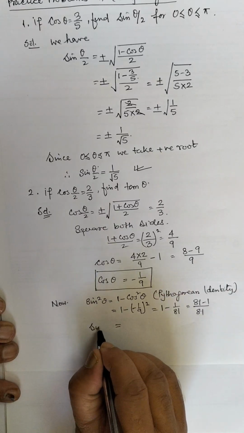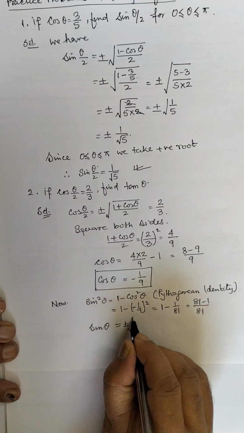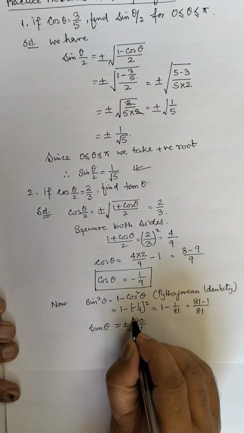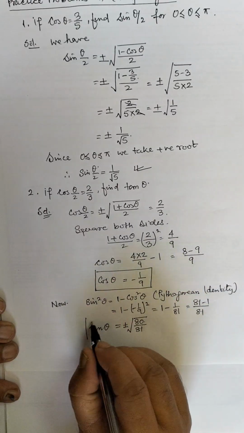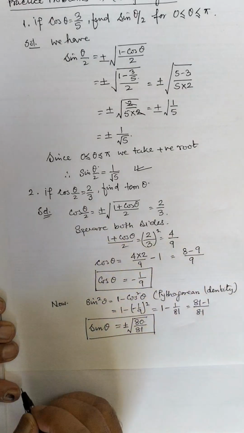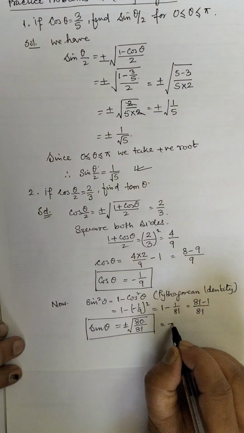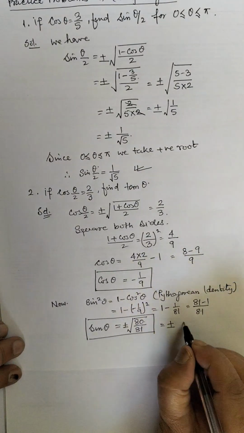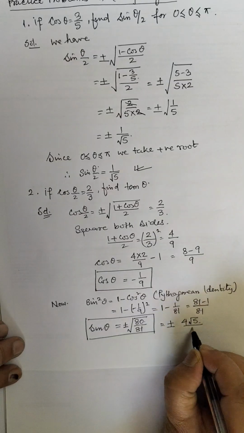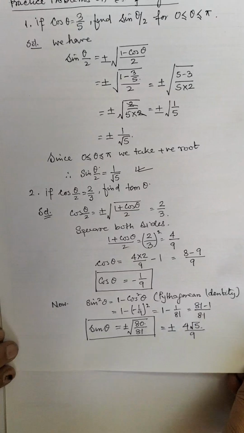So sin theta I get plus or minus under root of 80 upon 81. This is again another important value, right? Or this can further be written as plus or minus 16 fives are, so 4 root 5 on 9. So this is this.